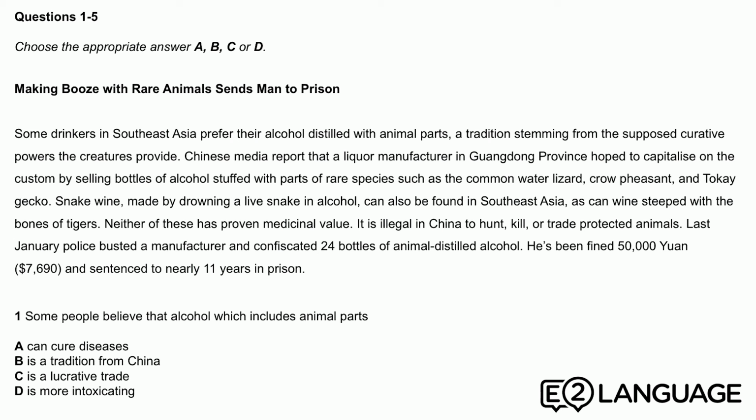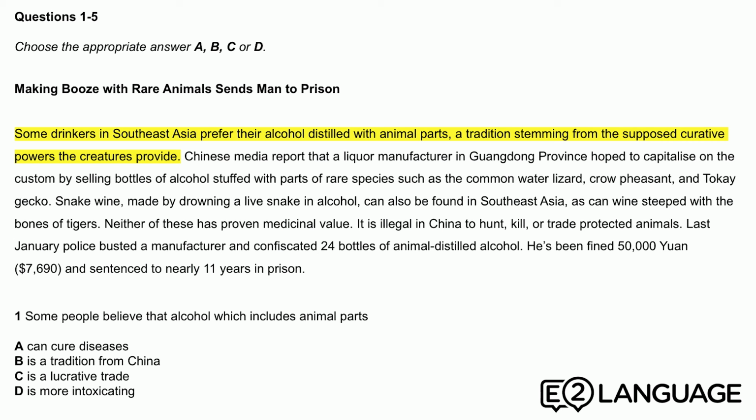So you can see down there, number one, some people believe that alcohol, which includes animal parts, A, can cure diseases, B, is a tradition from China, C, is a lucrative trade, or D, is more intoxicating. All of these are plausible. But if we read this part of the paragraph here, it says some drinkers in Southeast Asia prefer their alcohol distilled with animal parts, a tradition stemming from the supposed curative powers.